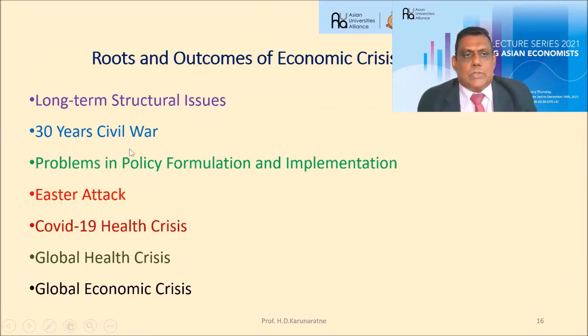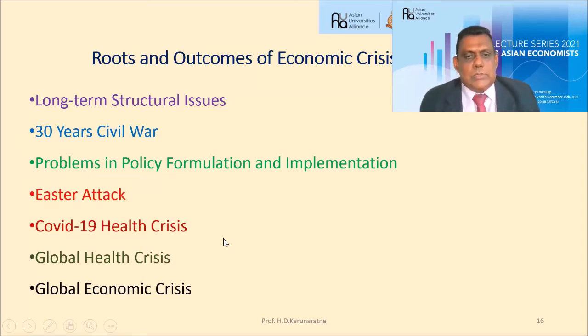So there were structural problems in the economy and problems in policy formulation and implementation. There was a sudden terrorist attack on Sri Lanka in 2019, known as the Easter attack, and of course the COVID-19 health crisis.